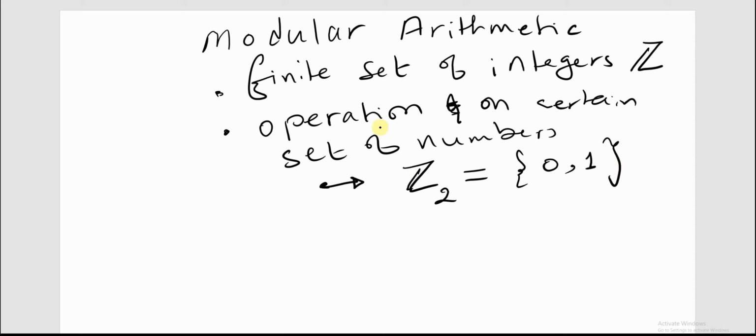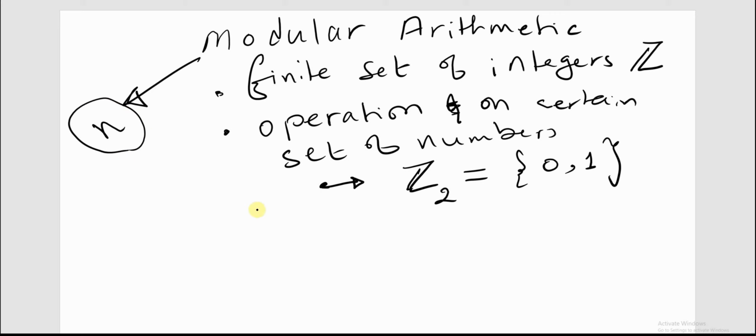Now modular arithmetic is based on a positive number of integers, so you can refer to it as having a number n that represents the number of digits or the number of items in the set.